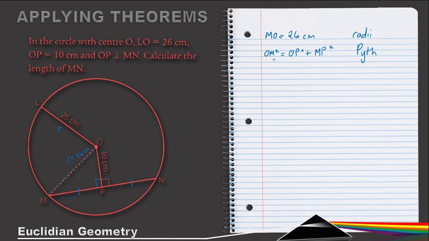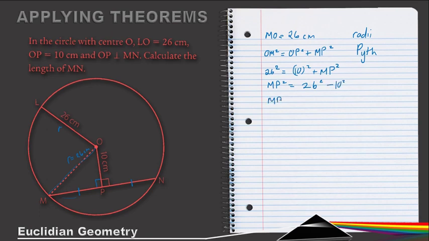So OM we have as 26 squared equals OP, which is 10 squared, plus MP squared. So if I solve for MP squared, I take the 10 over, so MP squared is equal to 26 squared minus 10 squared.